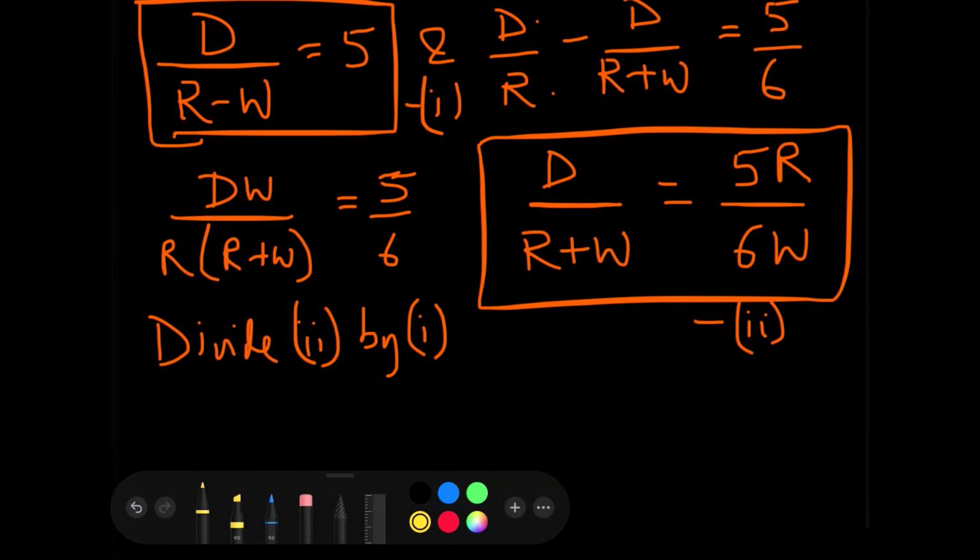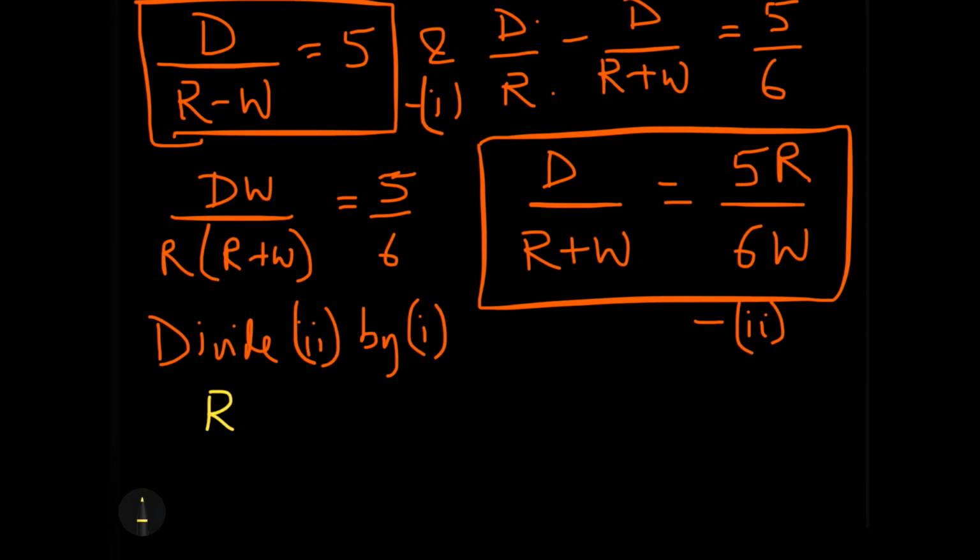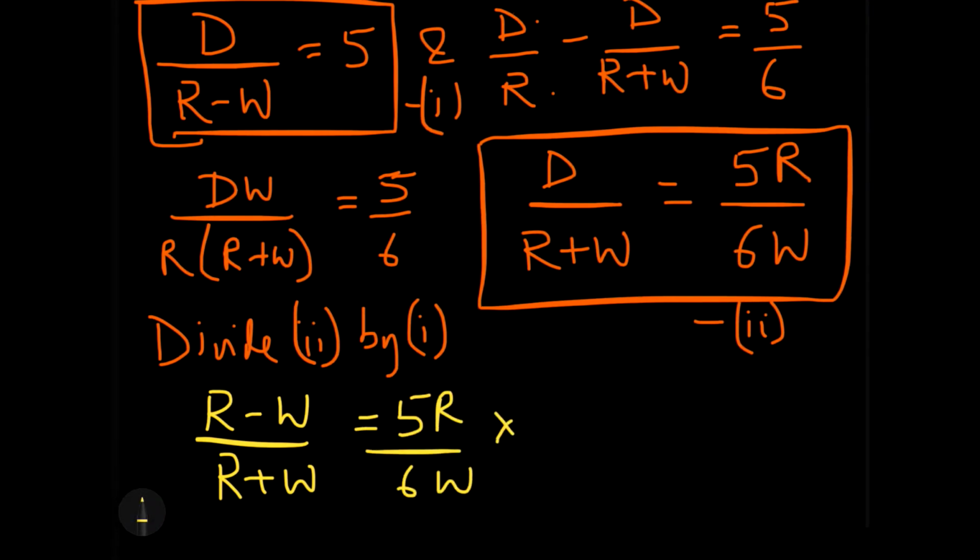Because if I divide, I would be getting r minus w by r plus w is equals to 5r by 6w into 1 by 5. So I can cancel off 5 and 5, and now I will be left with only r by 6w, which is equals to r minus w by r plus w.